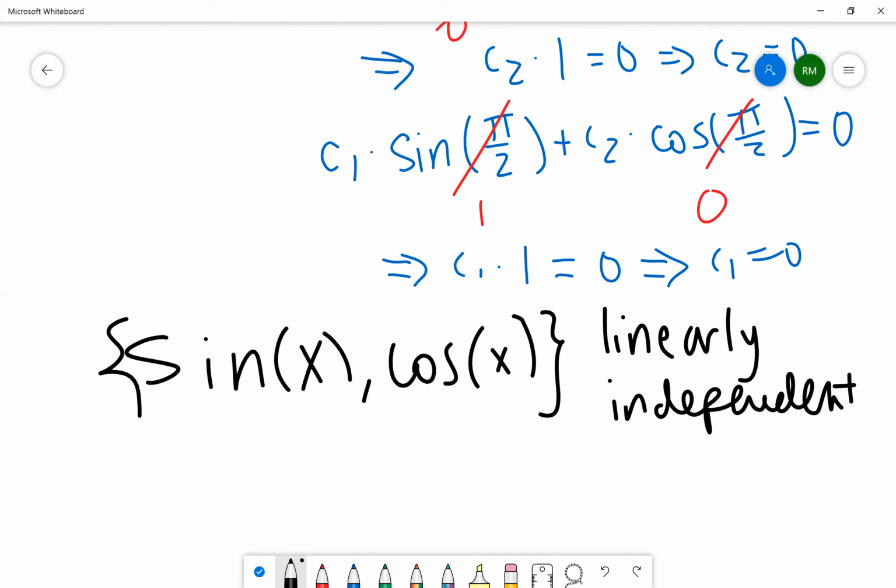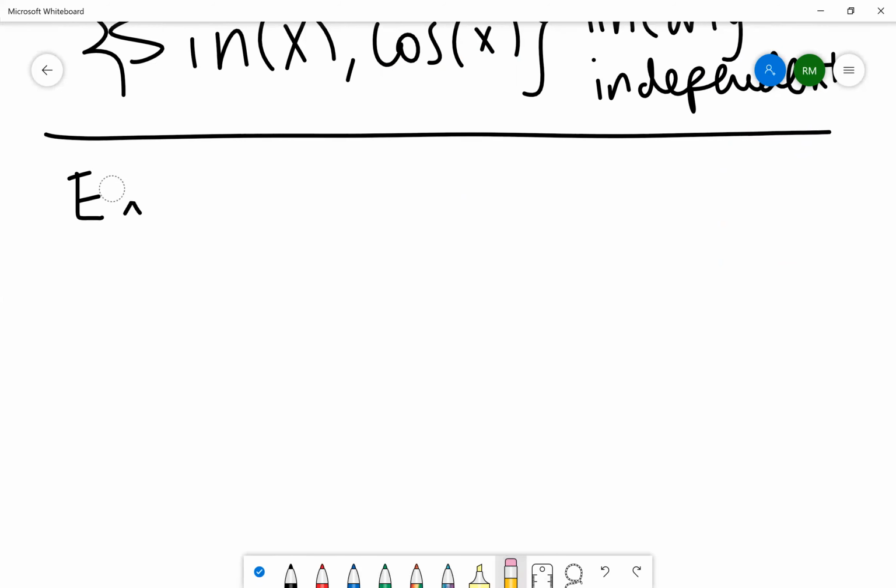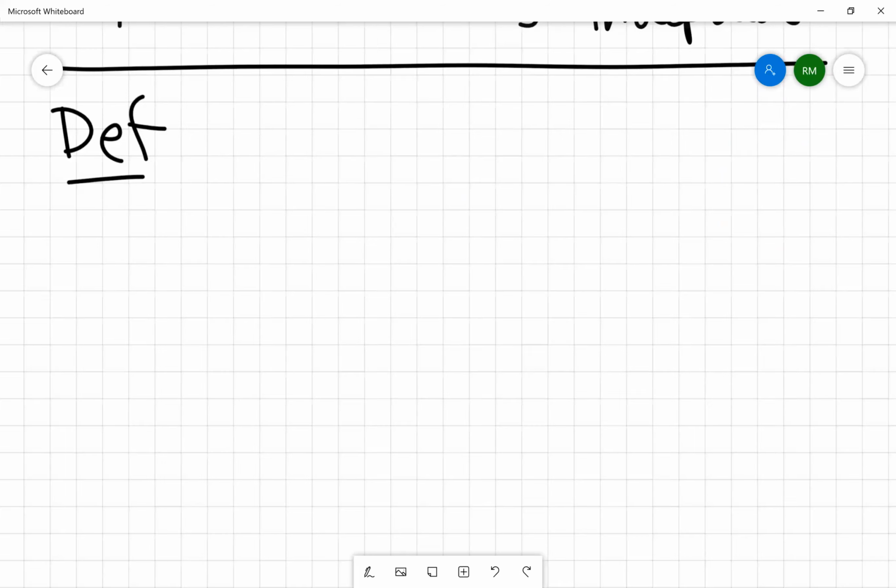So let's go on to talking about what a basis is in this world. A basis will mean exactly the same thing that it did before, but let's give the definition. You can write it down already if you think you know what it is.